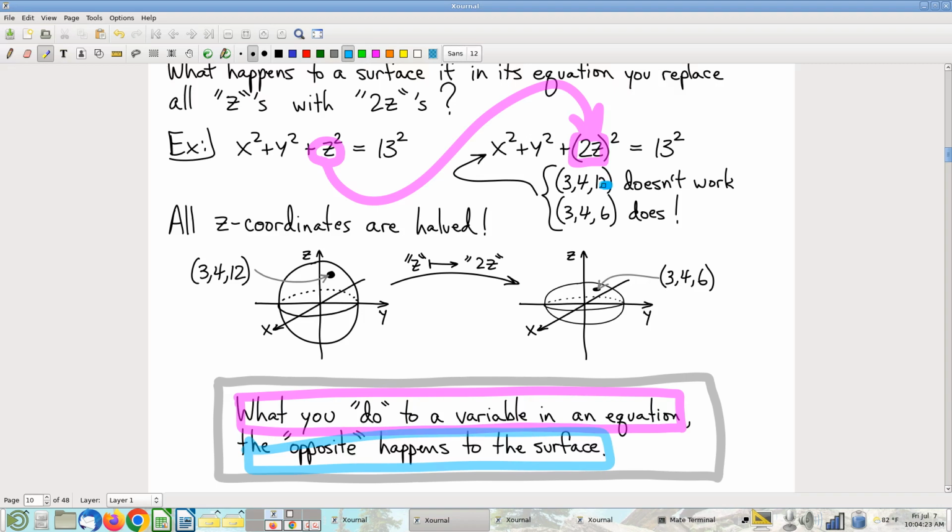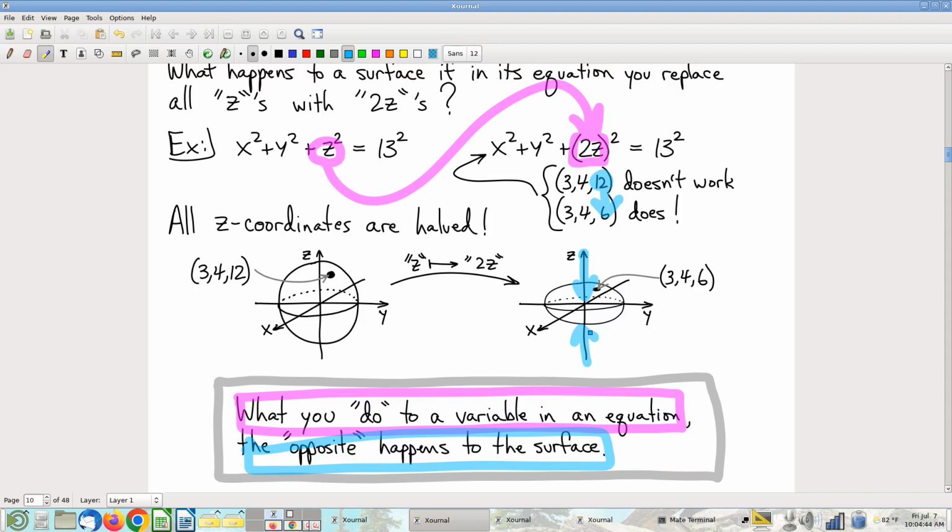Notice that the 12 had to turn into a 6. I divided the z coordinates of solution points by 2. So in this case, I'm going to call that a kind of squishing. All the z coordinates get cut in half to make points that will actually work.